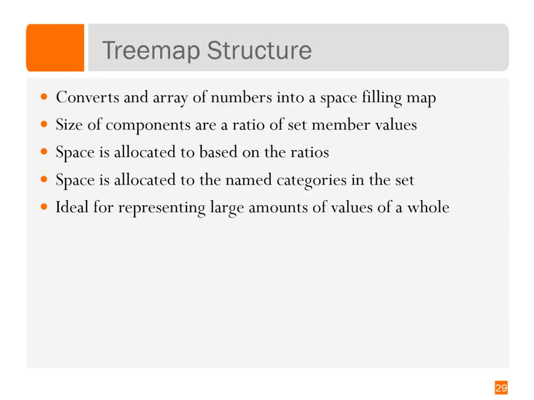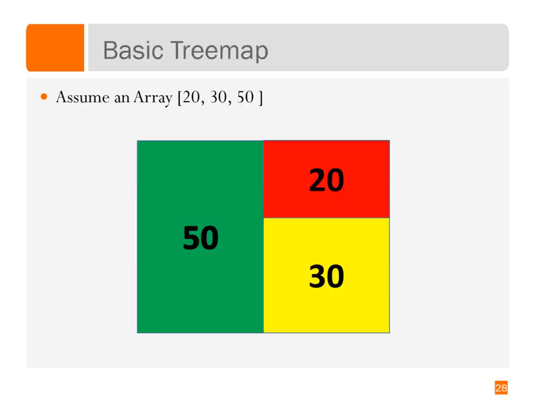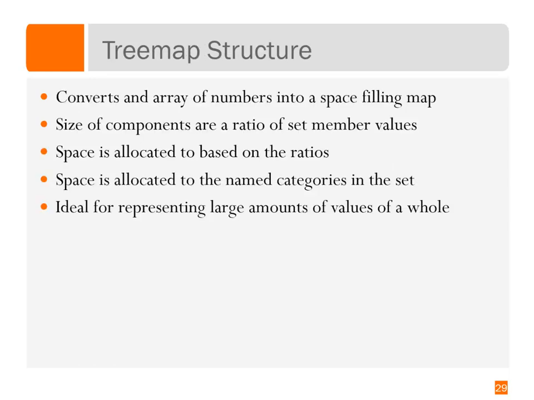Now a tree map's structure converts an array of numbers into a space-filling map. The size of components are a ratio of the set members. So if we look at the different members, 20 is 2/3 of 30 in terms of space allocation is maybe the best way to describe that. Space is allocated based on the ratios, so the square footage or square inches or pixels are based on the ratios.